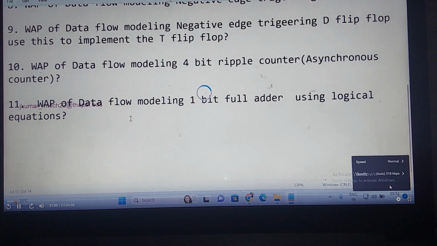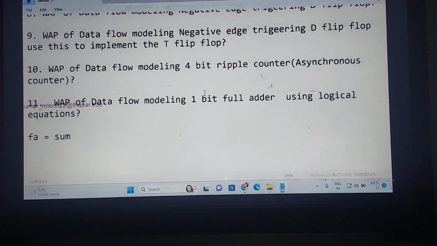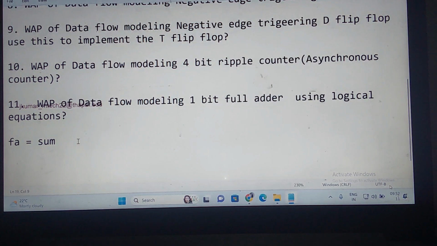If you talk about the full adder, what are the decimal notations for the sum? The decimal notations are 1, 2, 4, 7.